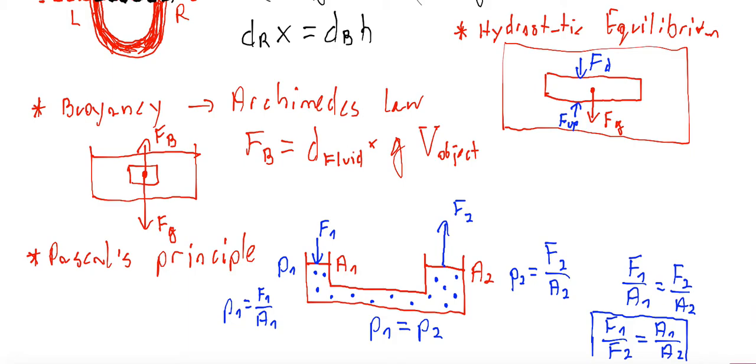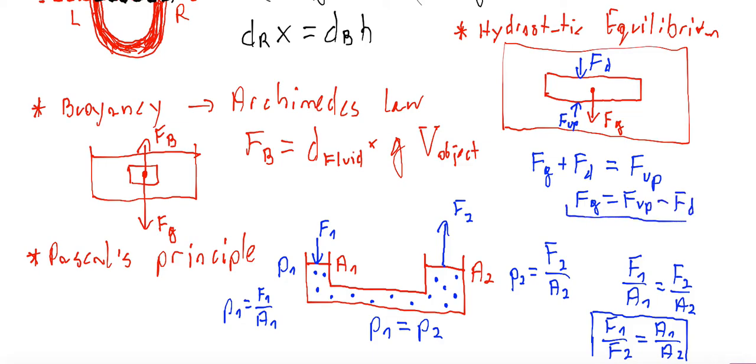So all forces acting down, gravitational force and force created by pressure from the fluid above, must be equal to all forces acting up. So only one force which is related with pressure of the fluid below this part. So it's visible that force up must be bigger than force down.